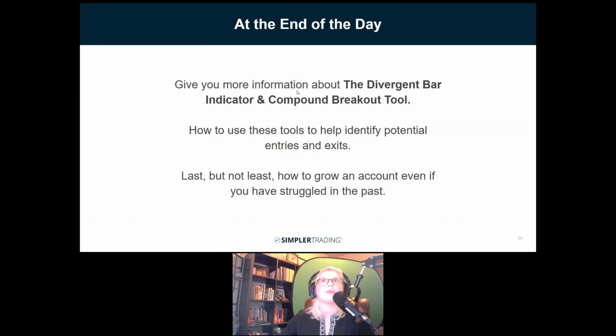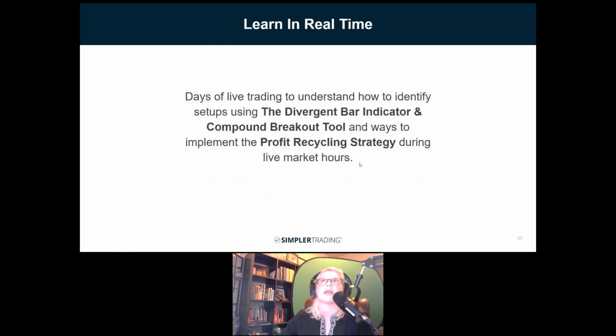It can give you more information, the class for the divergent bar indicator and the compound breakout tool, and how to use these tools to help identify potential entries and exits for these strategies, as well as others that you might want to use them for. And last but not least, how to grow your account even if you've struggled in the past, which it seems like some of you certainly did with that volatility last year.